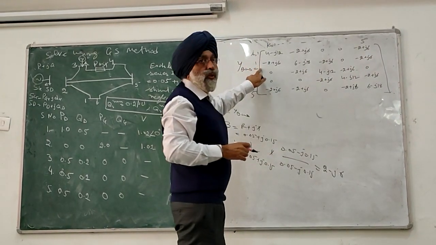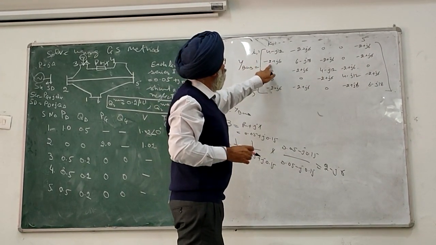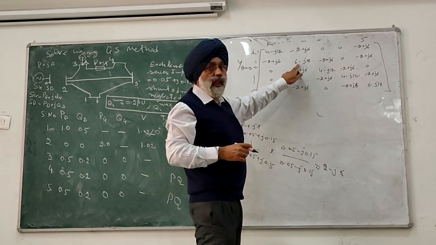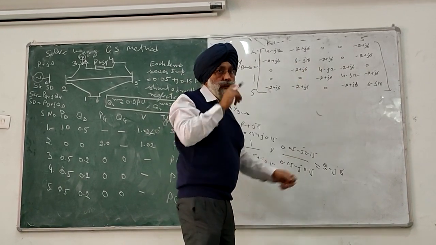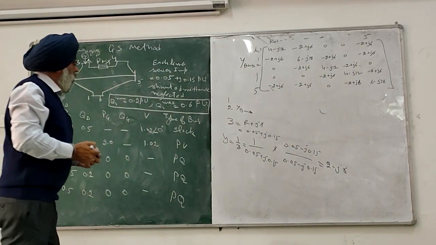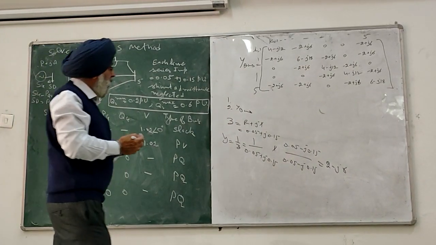Then I becomes 2: I is 2, K is 1, then K is 2, Y22, and similarly for the rest. So we have formulated the Y-bus matrix.